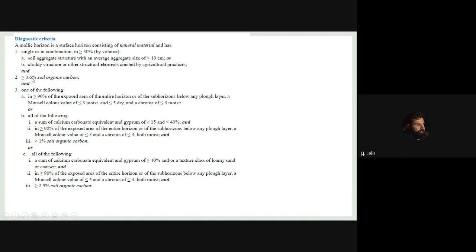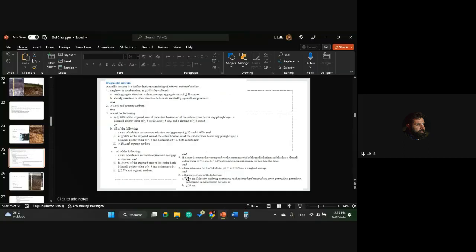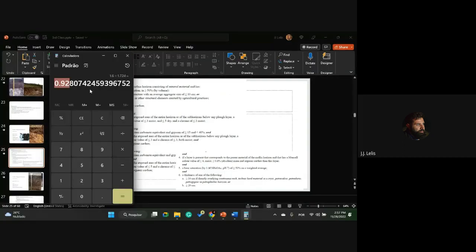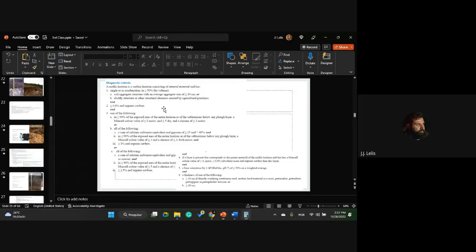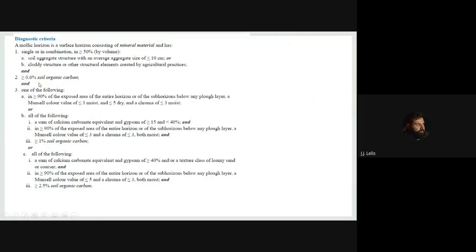They should possess a soil organic carbon that's equal to or higher than 0.6%. And we have, in this case, 0.9. So our organic carbon content follows this criteria.